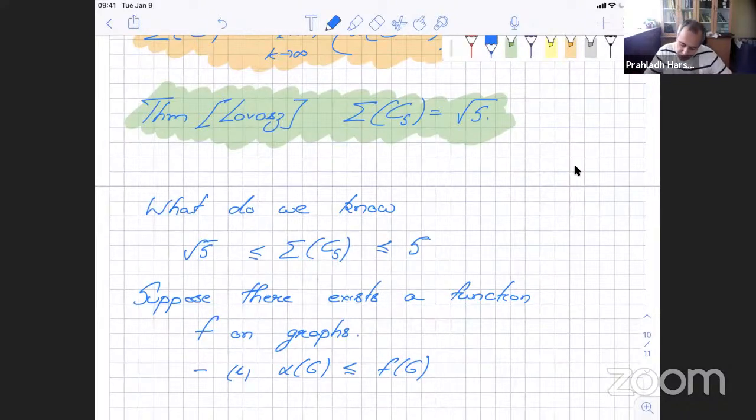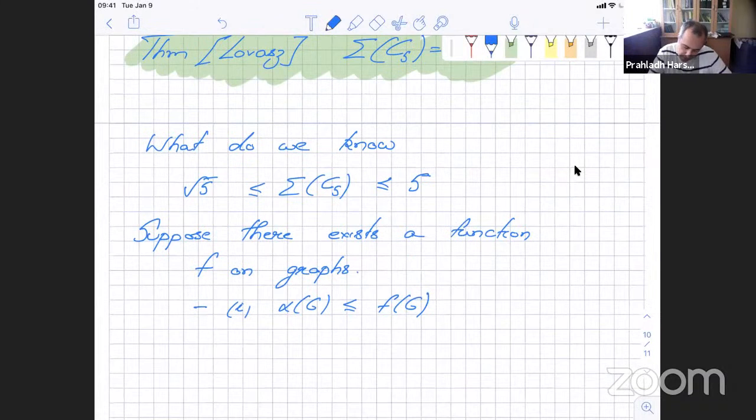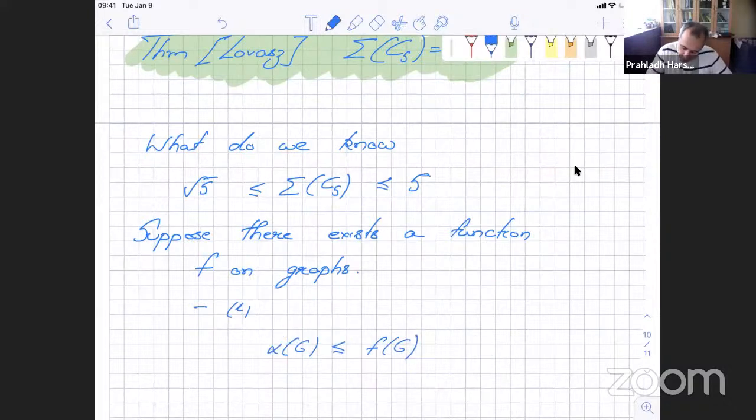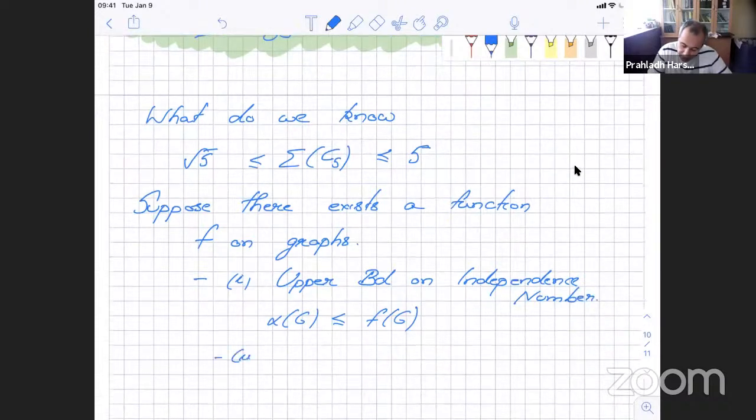And 2, it is sub-multiplicative, unlike the independence number, which is super multiplicative.